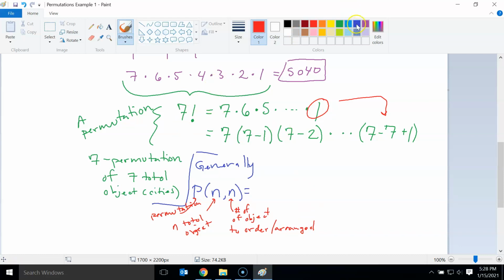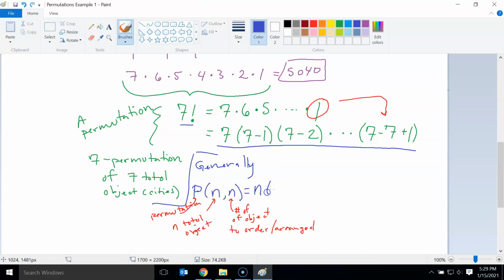Okay, now let's come back to this formula that I'm writing out here. Again, we have P(n, n). The first number is going to be the total number of objects. The second number is going to be the number of objects that we are ordering. Now for this 7 permutation, we are ordering all of the objects, so that is why both of these variables match. We have n and n. So if I generalize this using what we've written up above, the 7 times 7 minus 1, we could think of this as n, right?